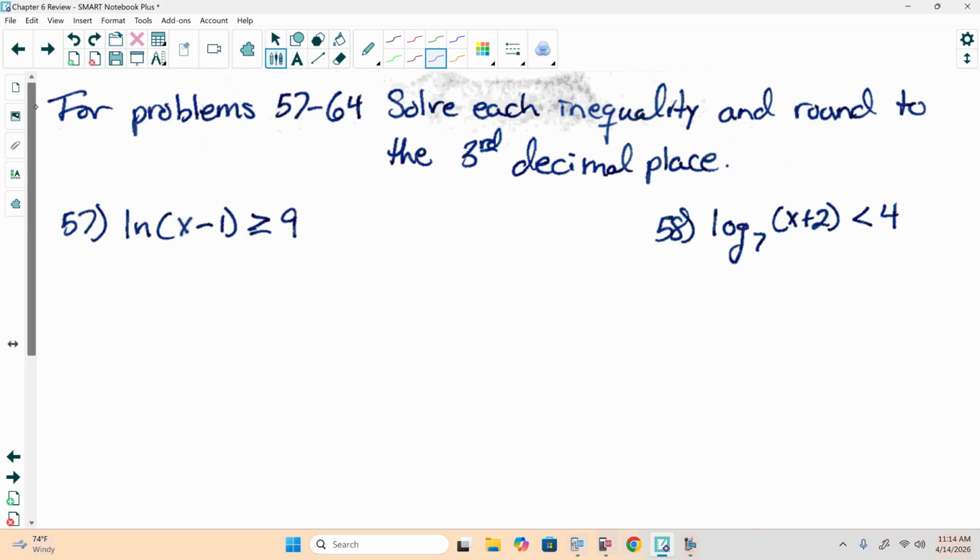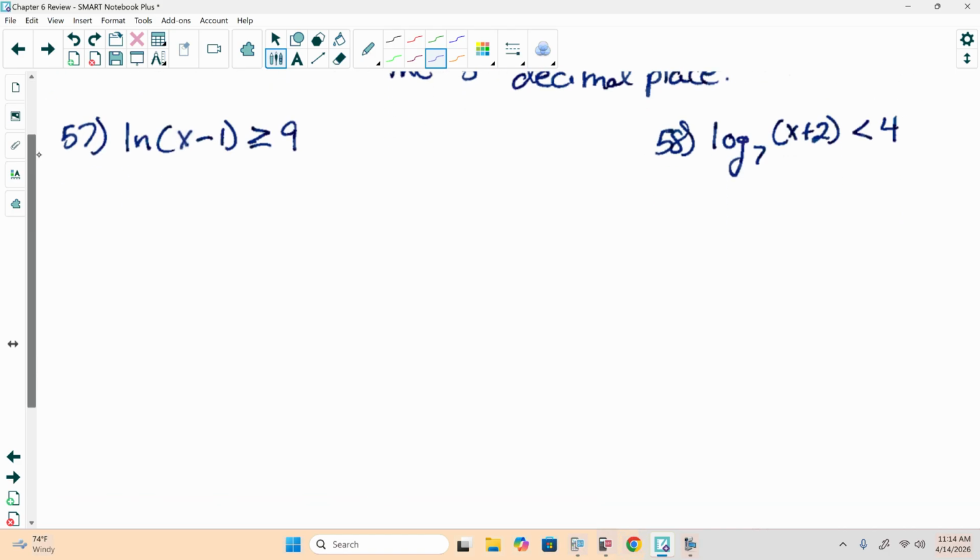When we start off with logarithms, we do have restrictions in that what's inside the logarithm has to be greater than 0. Because if the value of x makes, in this case, x minus 1 be 0 or negative, we have to throw those values out.